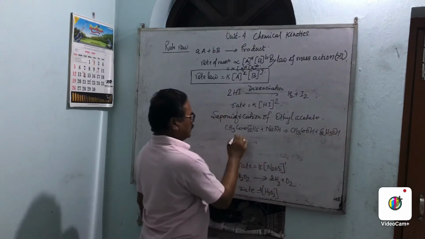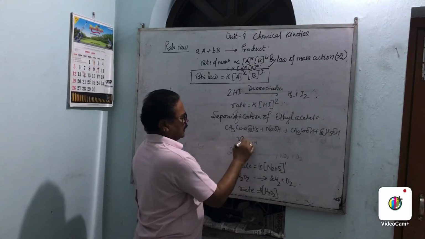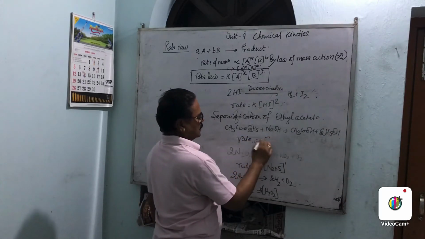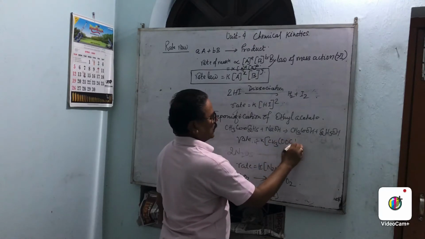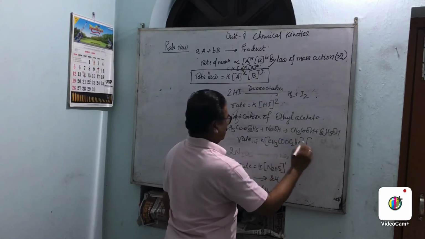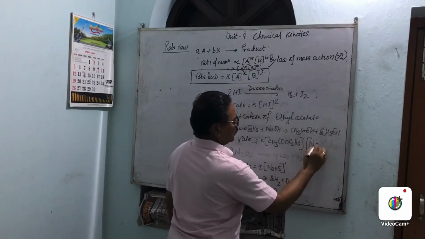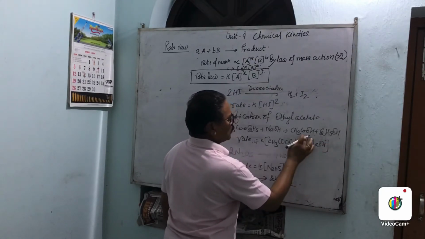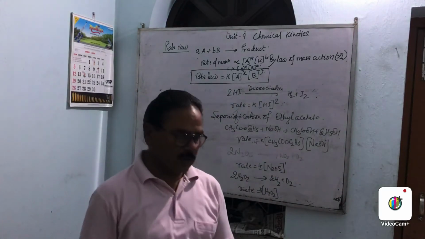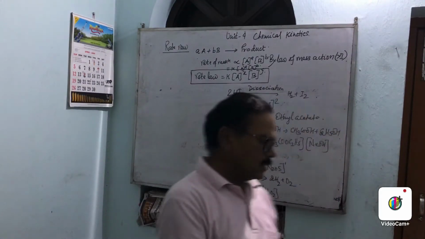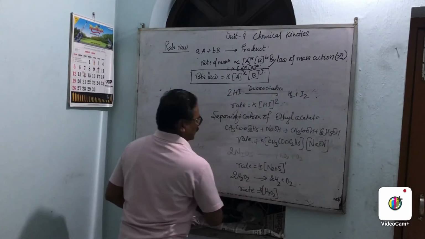When we write the rate, by luck it is equal to the reactant species: K times CH3COOC2H5 times NaOH. So if we take 1 plus 1, that is equal to 2. That's why it is a second order reaction.